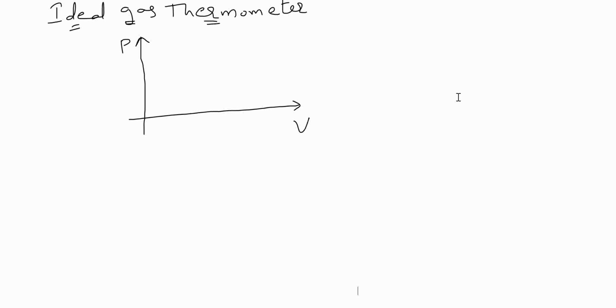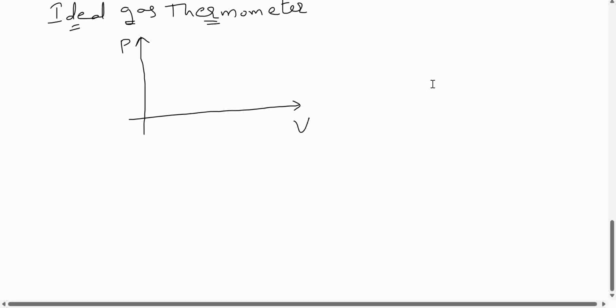And in the case of the mercury thermometer, which is a centigrade scale, we have used the property of expansion of volume of mercury. But in the case of the ideal gas thermometer, we are going to use the ideal gas property.